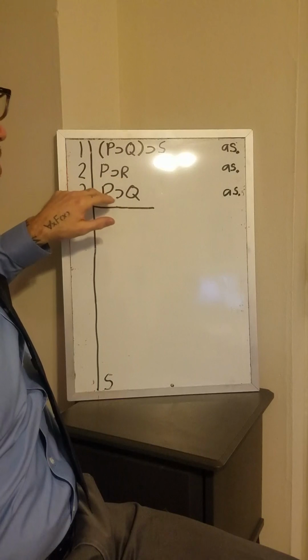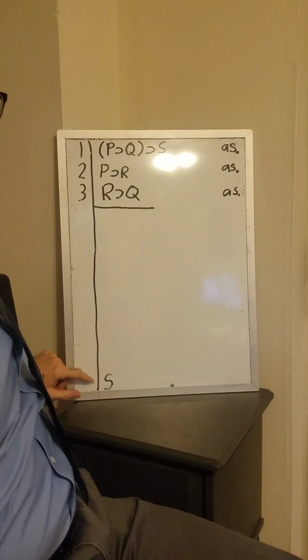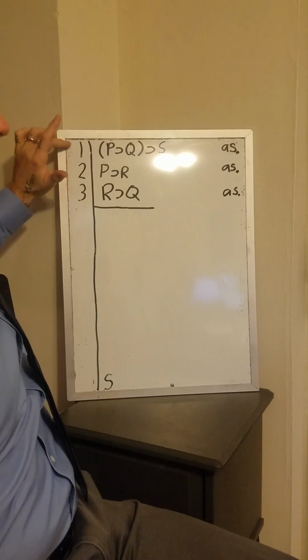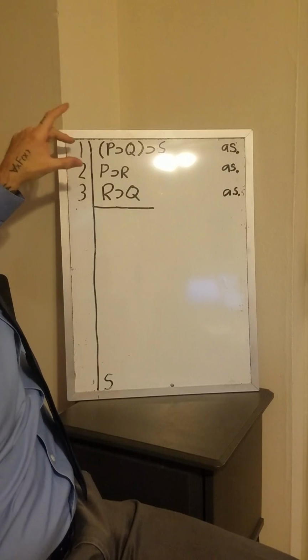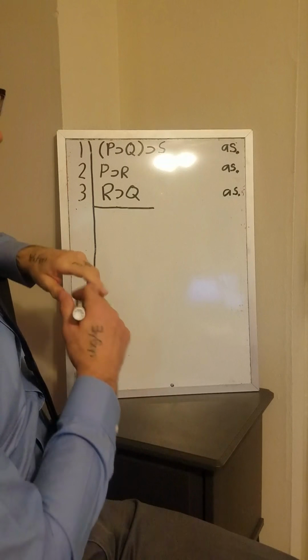If P then R, if R then Q, and we're trying to derive S from all of that to show that S is entailed by these sentences, meaning that an argument with these as the premises and this as the conclusion is a valid argument.